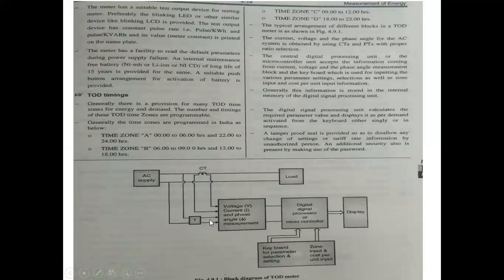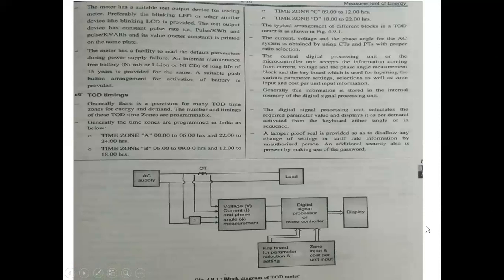The CT and PT measure the voltage, current and phase angle. This signal is given to the digital signal processor or microcontroller. A parameter keyboard is also connected for parameter selection, that is zone input and cost per unit, and this is also stored.